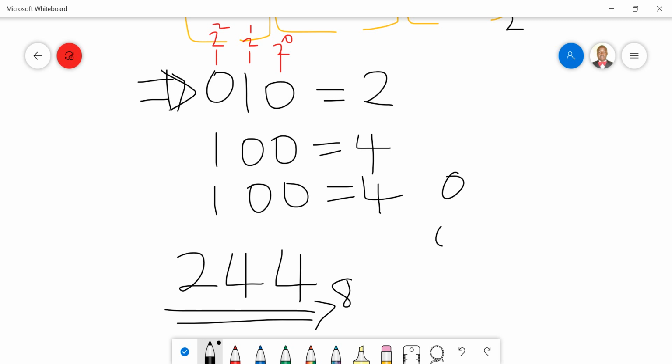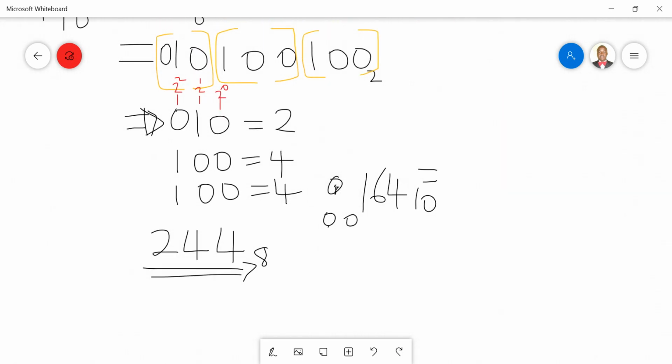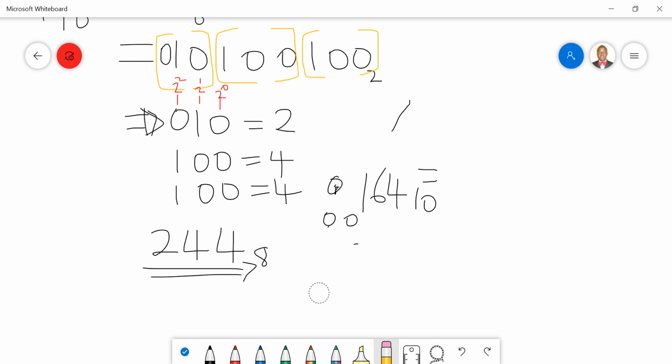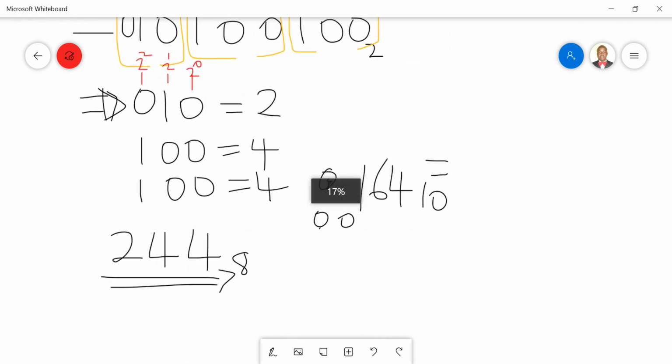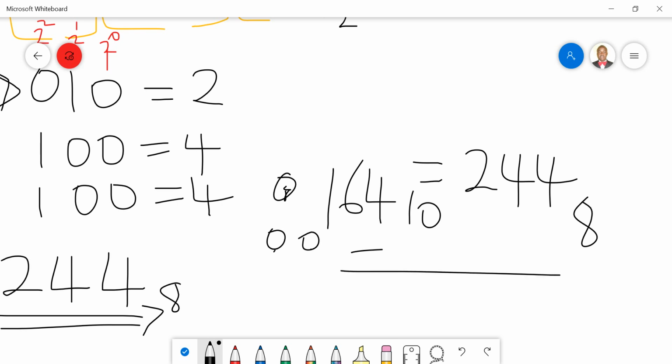Therefore, we conclude that 164 base 10 is equal to 2, 4, 4 base 8. This is the answer.